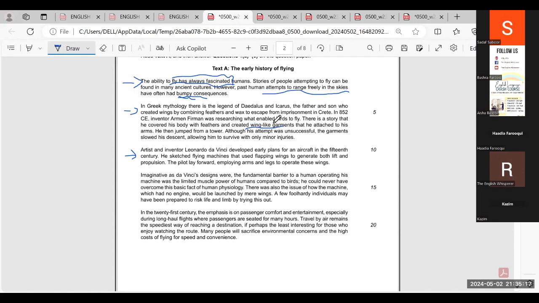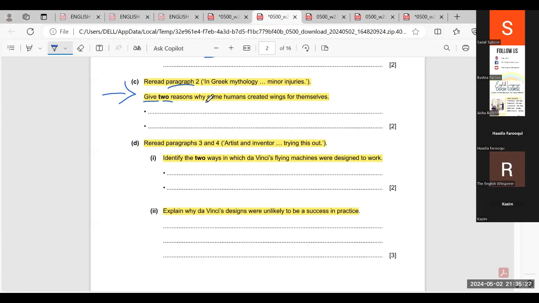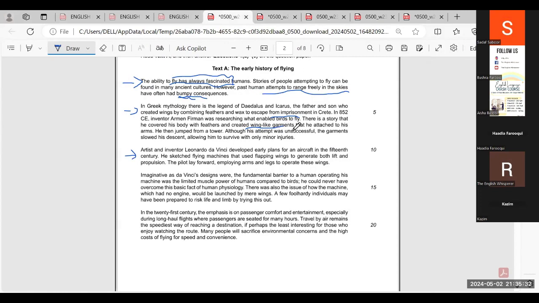Because they wanted to escape from the tower, escape from imprisonment, right? What's the second reason here? So we've got 2 reasons why some humans created wings for themselves. First is escaping from imprisonment. Can somebody else find me the second reason?